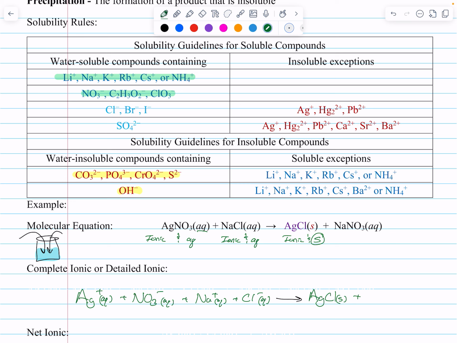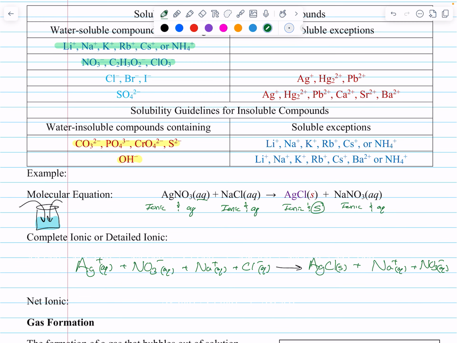Sodium nitrate, ionic and aqueous. So that means you get Na plus AQ and NO3 minus. So now, what changes here? The actual chemical change is we have a solid product, right?